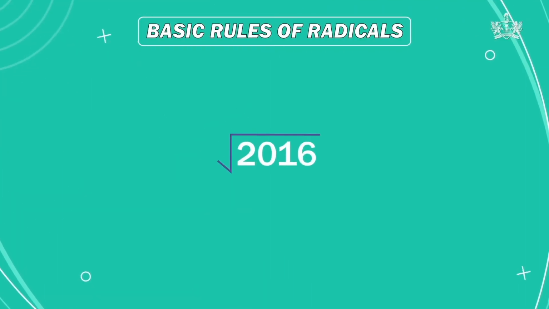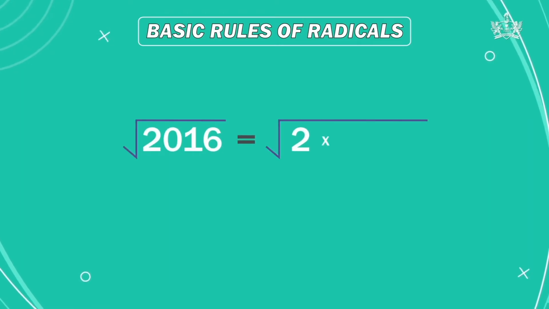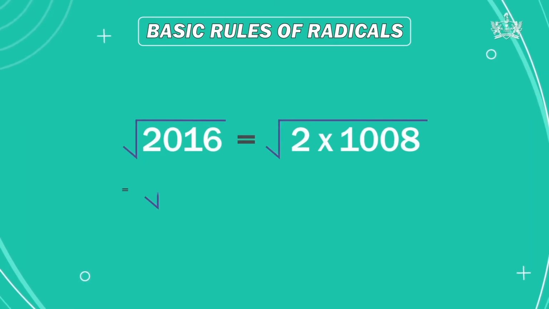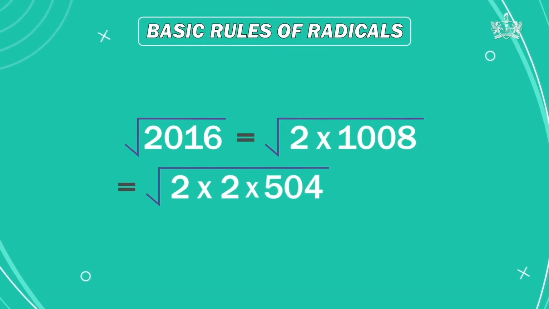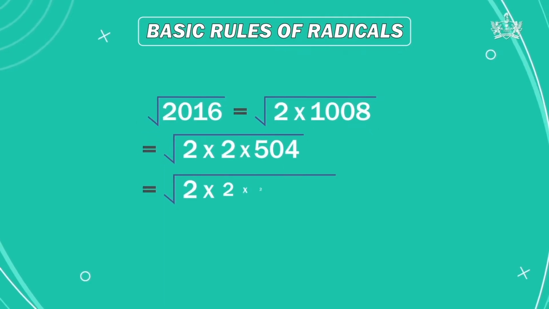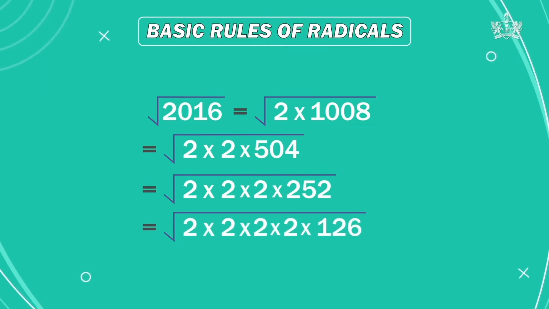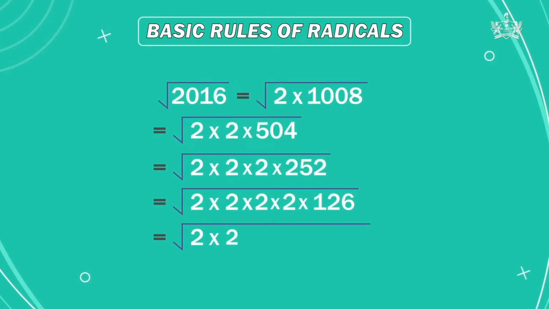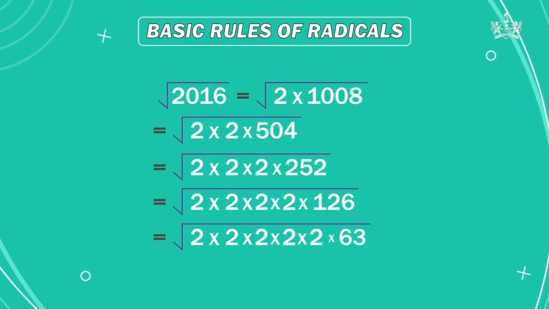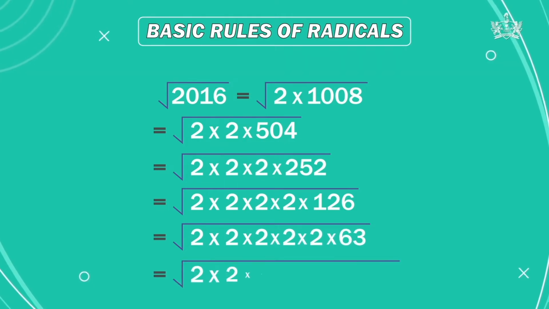For this one, we see that 2006 is an even number, so we can prime factor by 2. And we're going to keep doing that because it is such a large number that we have not memorized what times what equals 504, or 252, or 126. Instead, we can divide by 2 until we get down to 63.